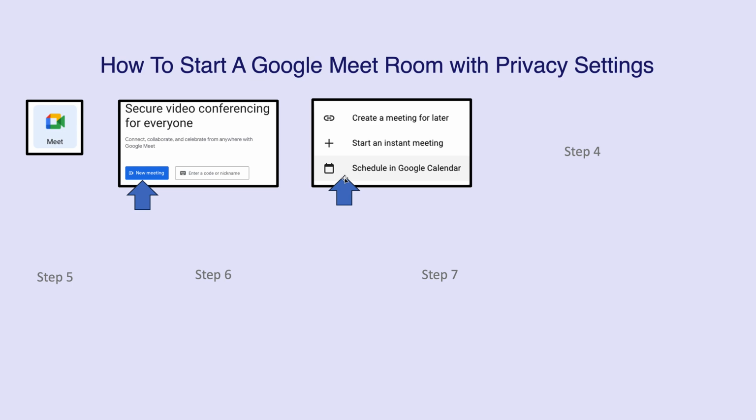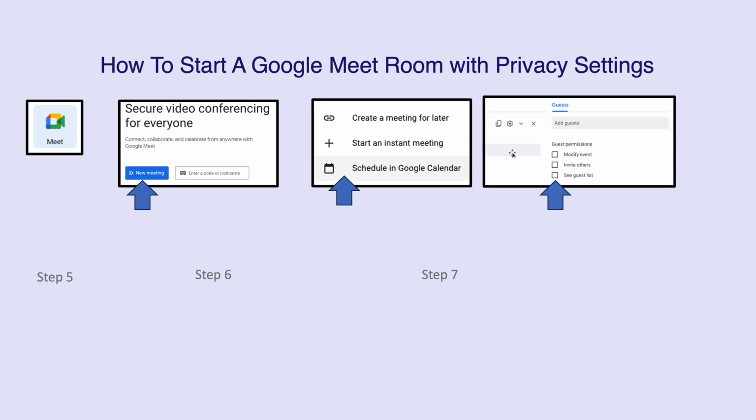Then you're going to want to schedule in the Google Calendar. And then when you look at guest permissions, you want to make sure that they are unclicked. By default, they're going to be clicked and enabled.